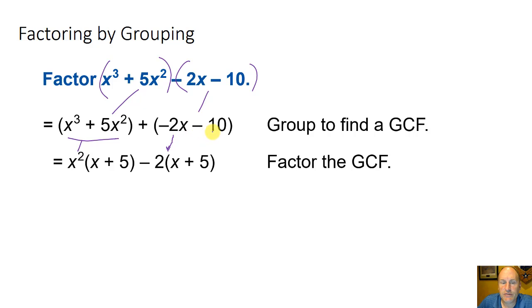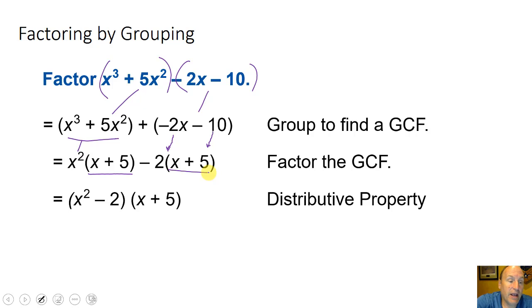Be careful with negatives, of course, as always. Well, now you notice both of these groups have an x plus 5 in common. So we can take the distributive property in reverse, and so this becomes x squared minus 2 all times x plus 5. And so together, this becomes our factored form.